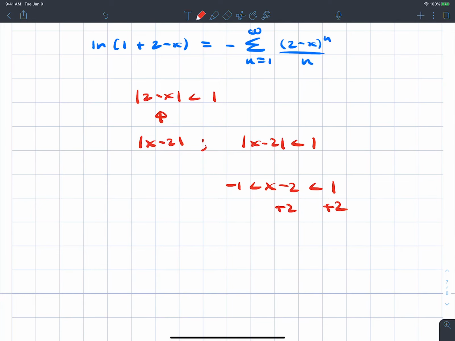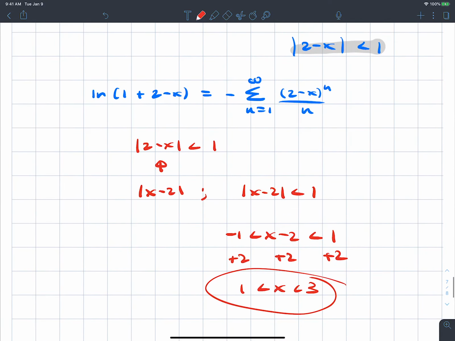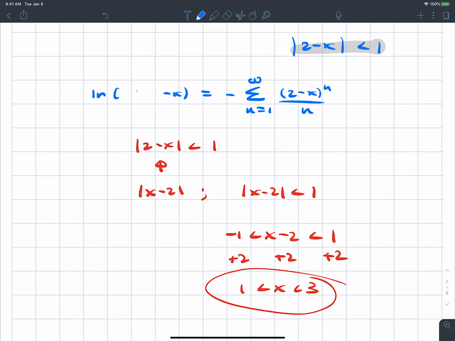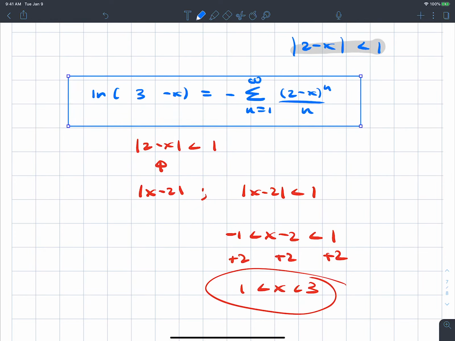And we can add 2 to the right, left, and middle. So I get 1 less than x less than 3. So here is a power series expansion. We have natural log of 3 minus x, and we can write the interval of convergence this way.